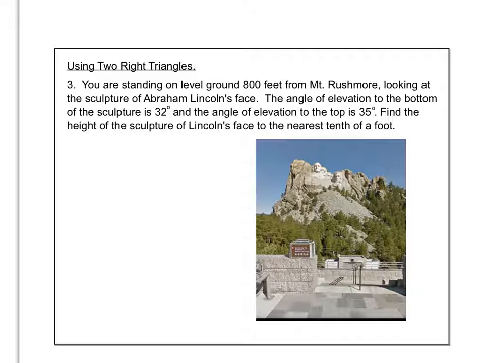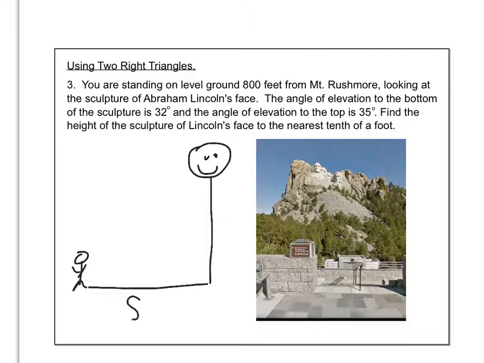So I'm going to draw a slightly different picture here. We've got Lincoln's face, and you're standing down here, and we're trying to figure out how big Lincoln's face is on Mount Rushmore. All we know is that we are 800 feet from Mount Rushmore. That's a horizontal distance, so that 800 feet is going to go here.